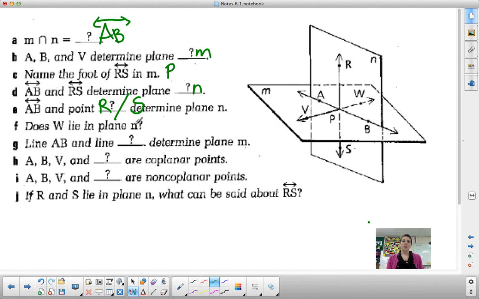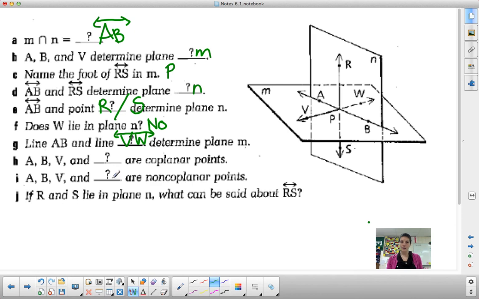Does W lie in plane N? No, it is not in plane N. Line AB and line blank determine plane M. Again, it depends on how you want to name it. There are quite a few options on naming this line. That goes back to chapter 1 skills, right? Line VW, WV, VP, PW, whichever one you want.